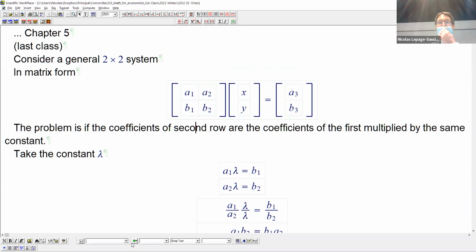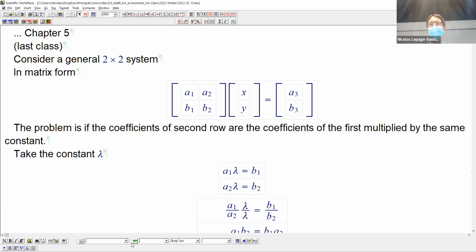And then we have seen that the problem with solving this really comes from the fact that, for instance, the first coefficient is a fraction. So you can multiply the first line by a certain constant and get the second line. And with that, you get into trouble. So either you have no solution or an infinite number of solutions.